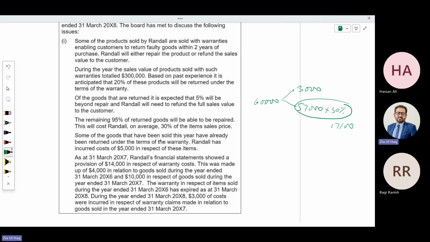Some of the goods that have been sold this year have already been returned under the term of the warranty. Rendell has incurred cost of 5,000 in respect of these items.